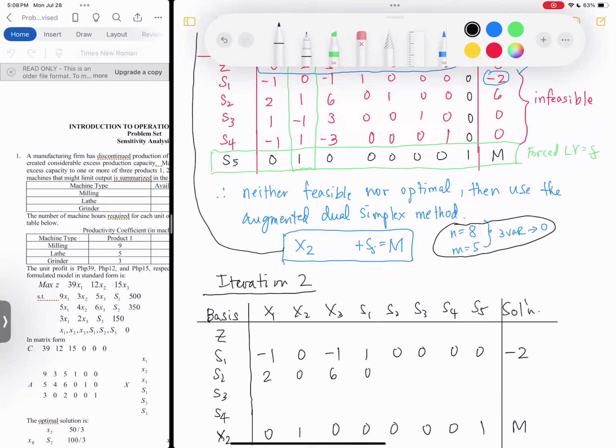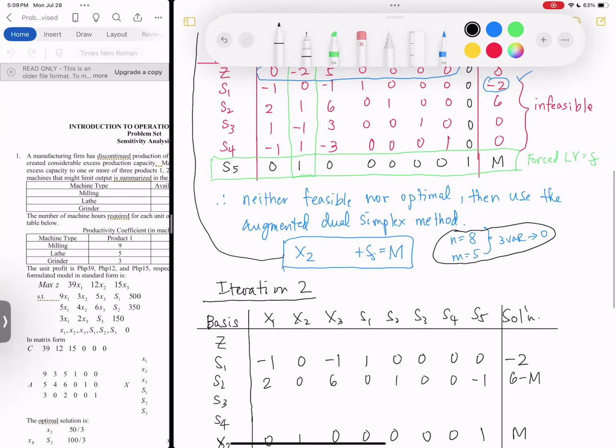You're getting lost. 1, 1, 0, 0, 0, negative 1, negative 1, and 6 minus M po. 6 minus M. Okay. Who gave me that answer, Aldevera? Yes po, sir. Okay, the rest you can just cross-check. I don't have a solution with me, so please check it before we proceed.